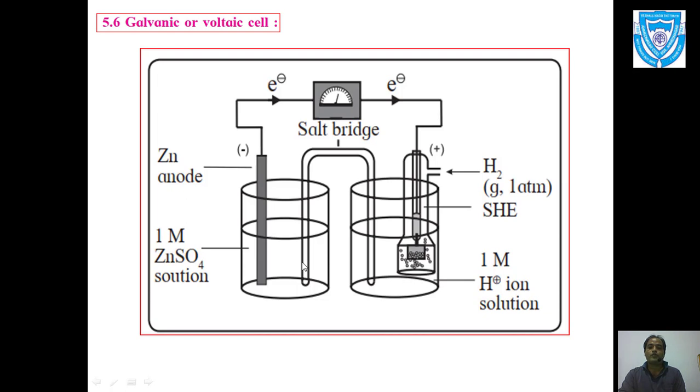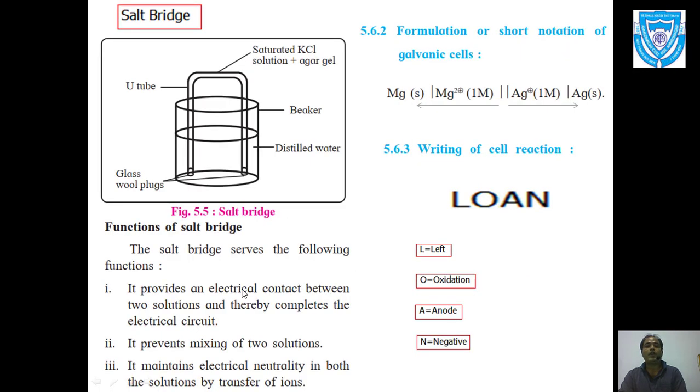It allows only the ions to pass through it, but it prevents the mixing of the two solutions. That means it prevents the mixing of zinc sulfate and this H plus ion solution. It just maintains the electrical neutrality. So this is the second most important thing, that it prevents the mixing of two solutions.